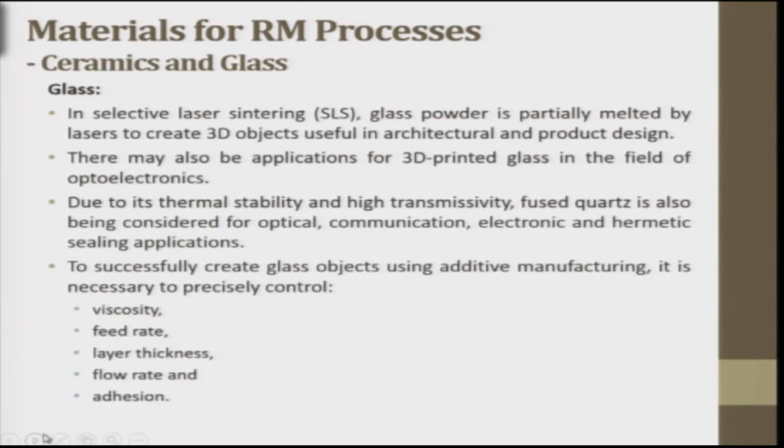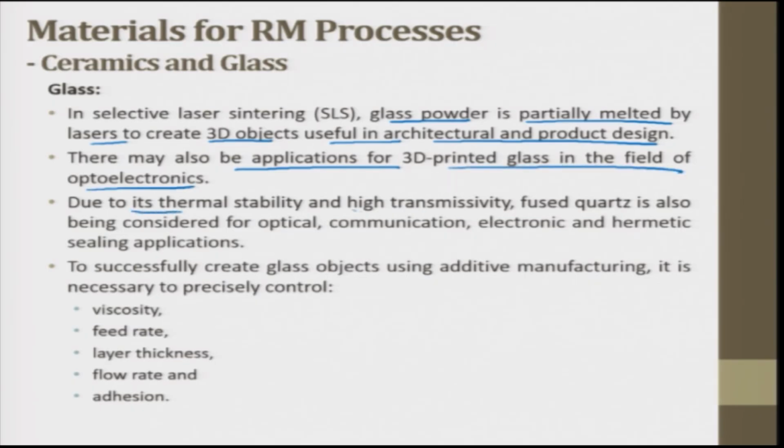Next is glass. Glass is another material. In selective laser sintering, glass powder is partially melted by lasers to create 3D objects useful in architectural and product design. There may also be applications for 3D printed glass in the field of optoelectronics.